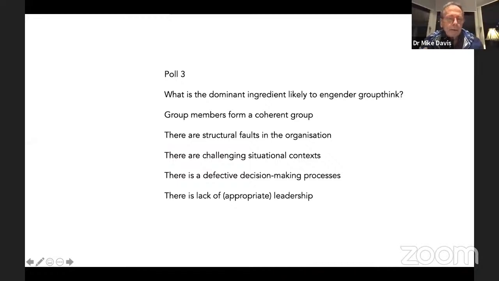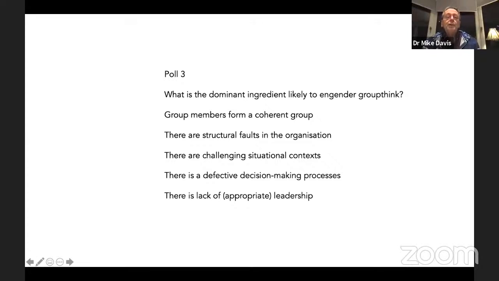So this is where the questioning gets difficult, and this poll probably demands a little bit more thinking time for you to come up with a response. So we'll give you a little bit longer for poll 3. What I'm inviting you to do in this poll is to think about what you might consider to be the dominant ingredients likely to engender groupthink.